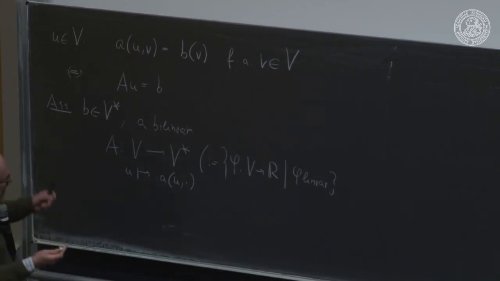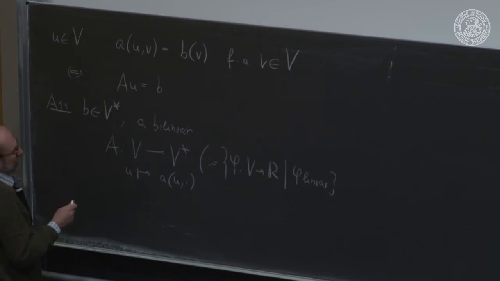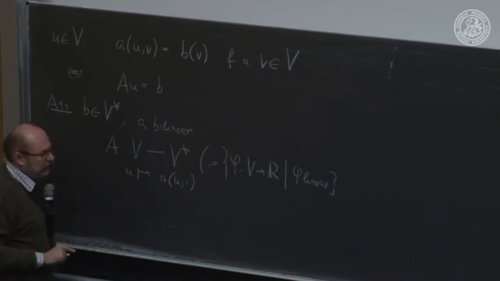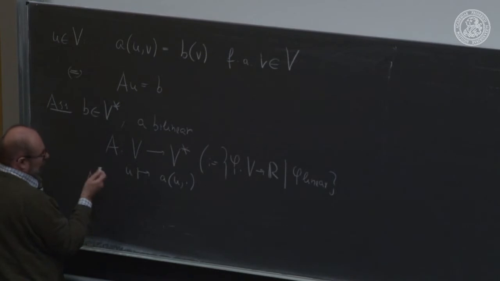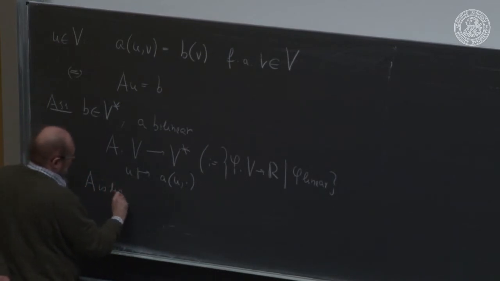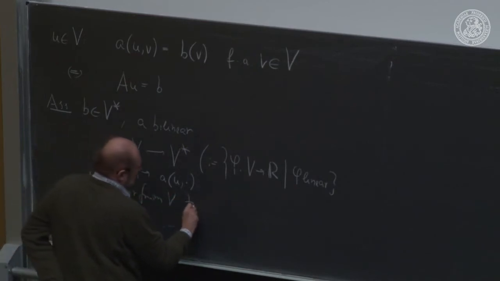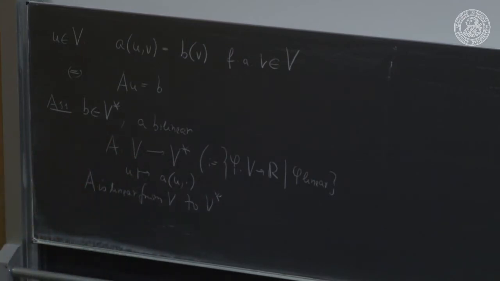And because of the bilinearity, this is a linear form. And we know a little bit more about A because the bilinear form is also linear in the other variable. We know that it's not just any mapping, that's a linear mapping. So A, I now avoid further symbols, I just say A is linear from V to V star. That is, so to speak, the algebraic situation just coming from the bilinear assumption.